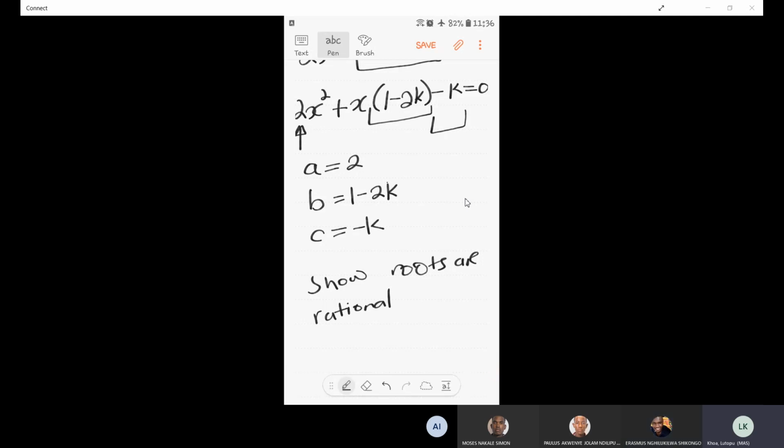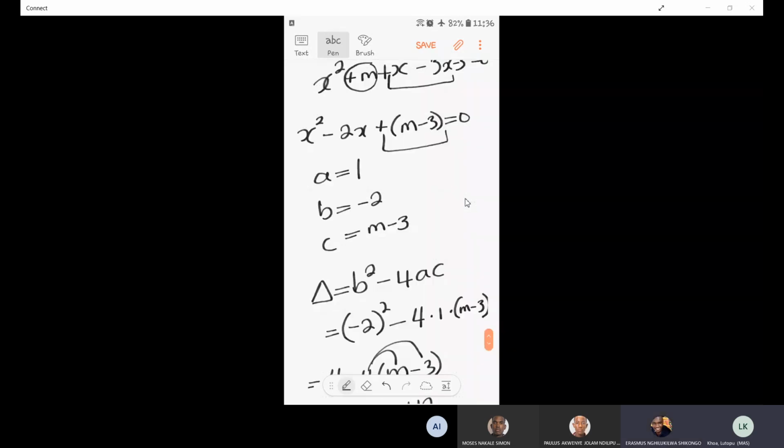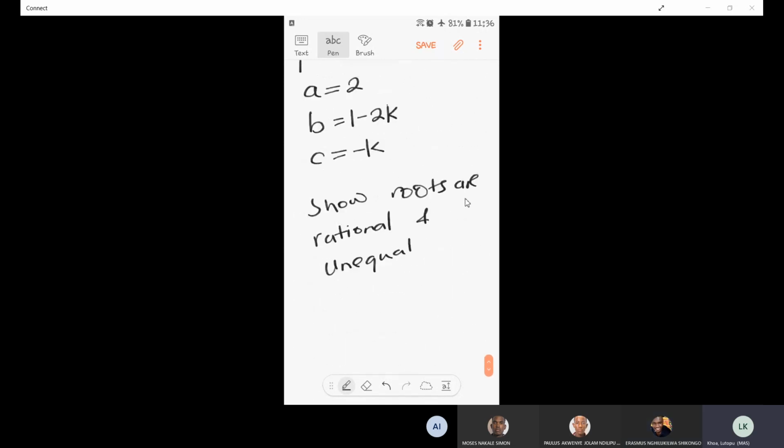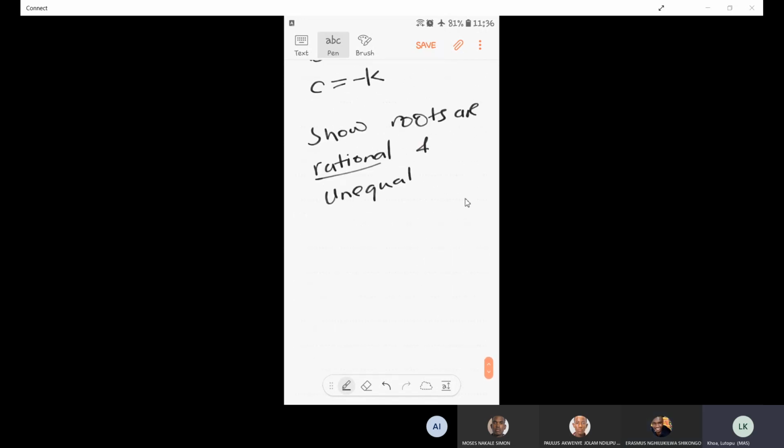Okay, so we need to remember what these two words mean on our table. Now rational, this means that our discriminant is a square number. And then unequal, this means that the discriminant is not equal to 0. So we need to show these two things.